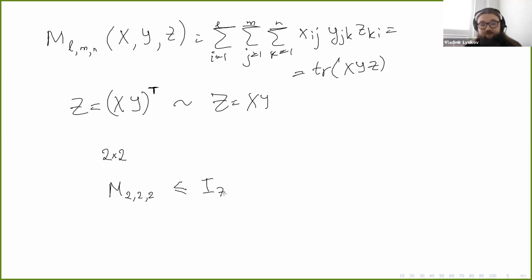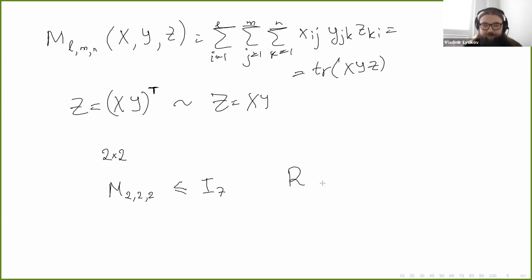So we have 7 multiplications to compute the product of matrices of size 2 by 2. And then we use the fact that block matrices can be multiplied in the same way as usual matrices.